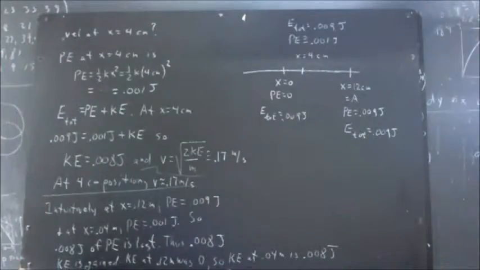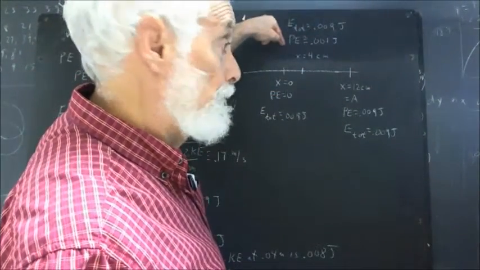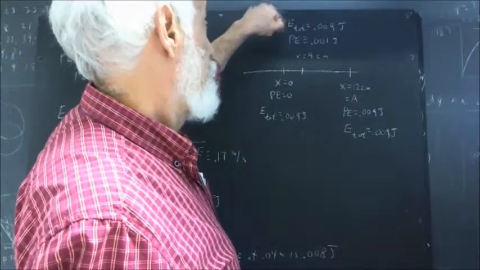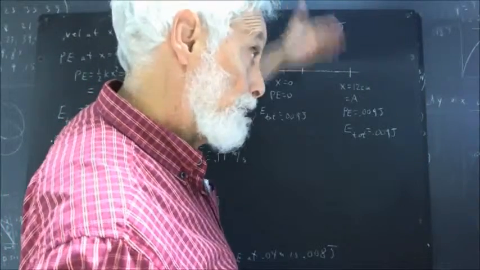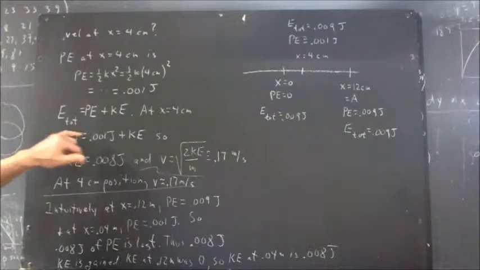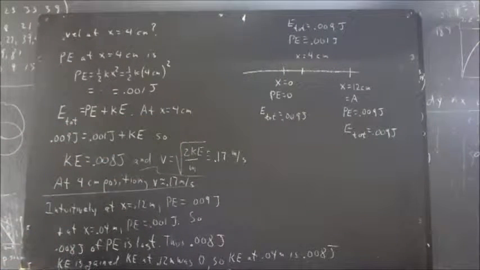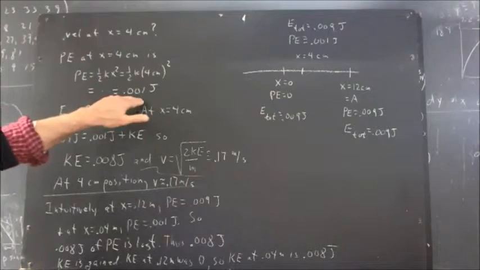So what's our conclusion? Well, if the total energy is 0.009 joules here and potential energy is 0.001 joule, that tells us that our kinetic has to be the difference, 0.008 joules. So we can write a formula. Total energy is potential plus kinetic at 4 centimeters. First we calculate the potential energy, as we did.